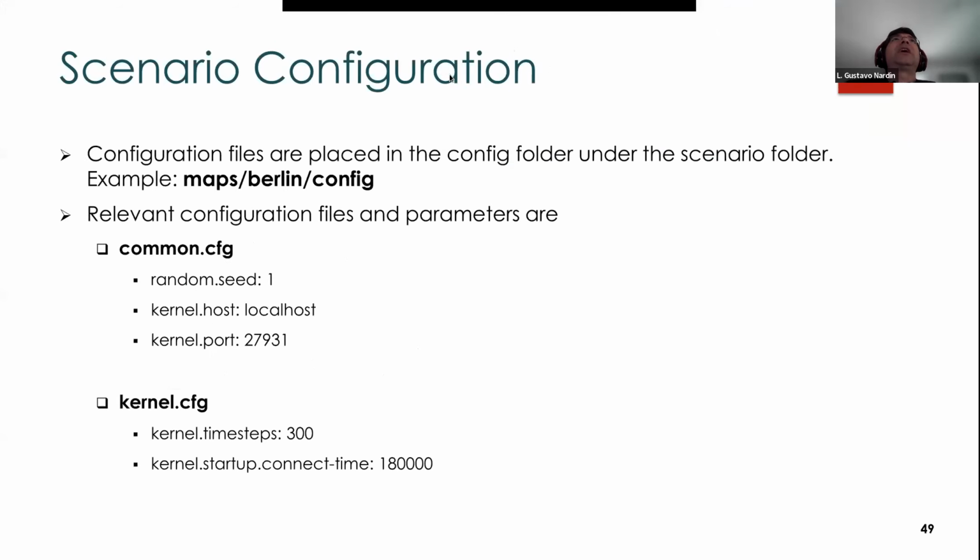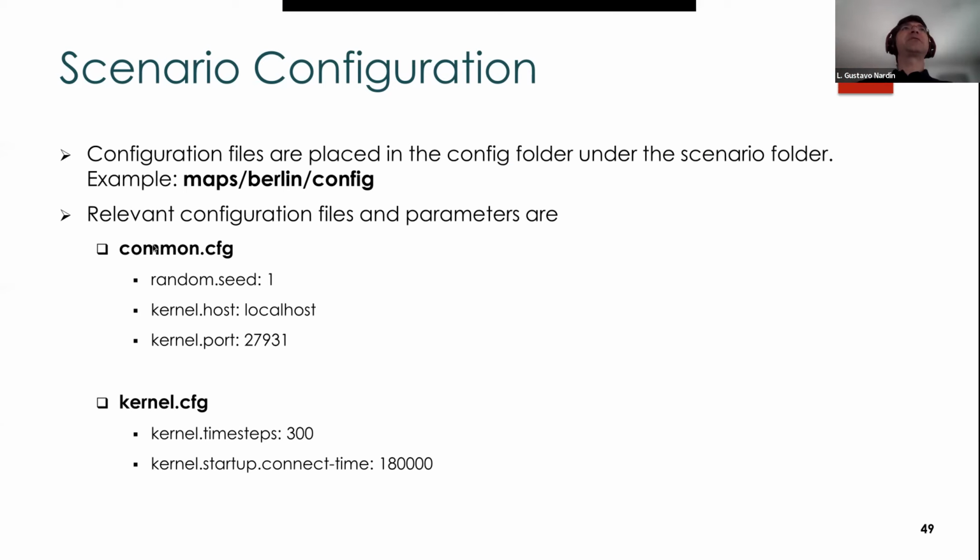I showed you that the scenarios have a map folder, and they also have a config folder. In the config folder, they have a set of configuration files. There are many files and many parameters. I will go through the most important files and parameters in this presentation today.